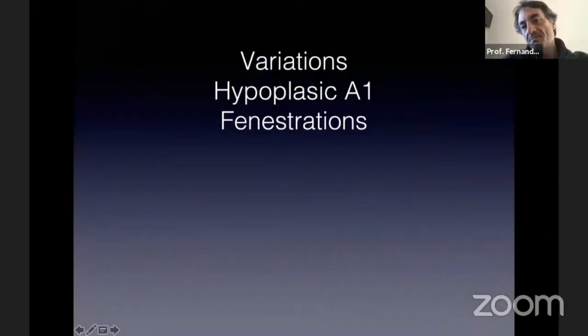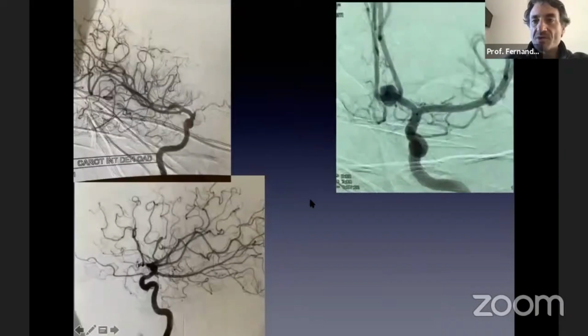The variations we can find are mainly hypoplastic A1 segment and fenestration. I have no cases of fenestration. I will show you only one case of hypoplastic A1 segment. This is a lateral carotid angiogram. We can identify the ophthalmic artery, posterior cerebral artery, and all of the branches of the middle cerebral artery, but we cannot identify the pericallosal artery or the A1 segment.